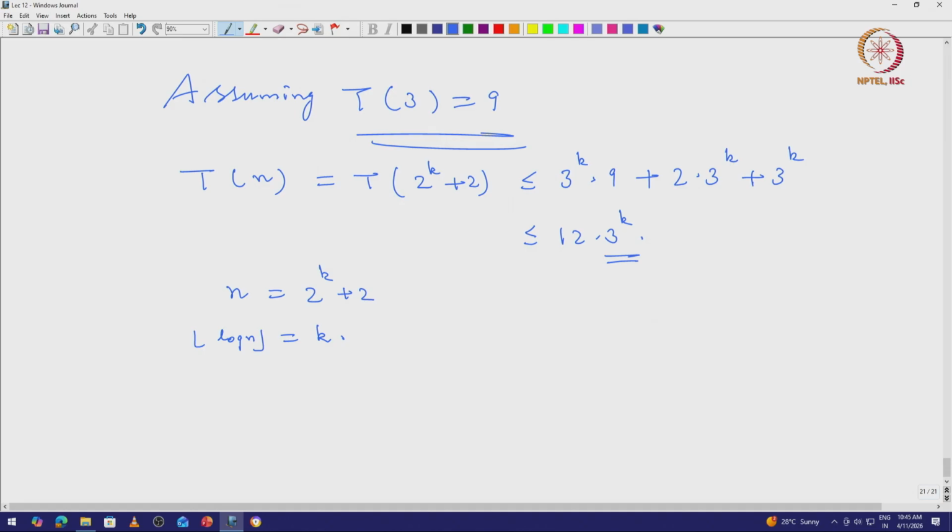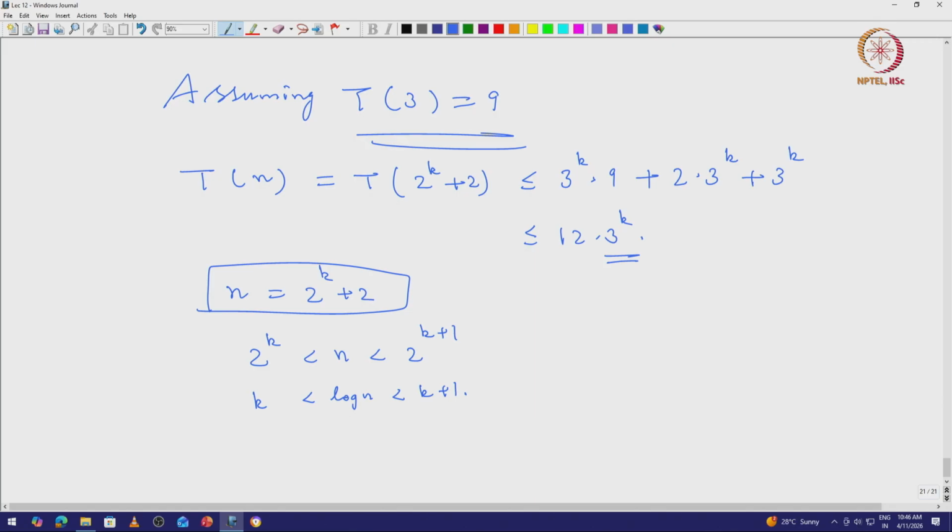If you take n equal to 2 power k plus 2, 2 power k is less than n because n is more than that, and it is less than 2 power k plus 1. Next power of 2 is way larger. So when you take log, you get k less than log n less than k plus 1.